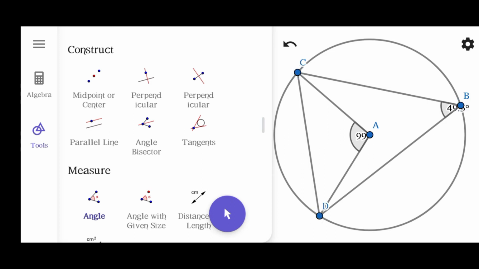Here we have 99 at the center, and then we have 49.5, which is half of 99, at the circumference.